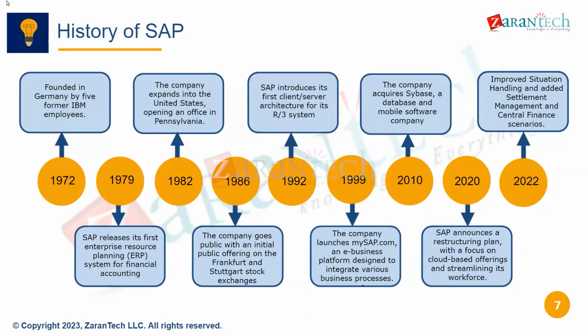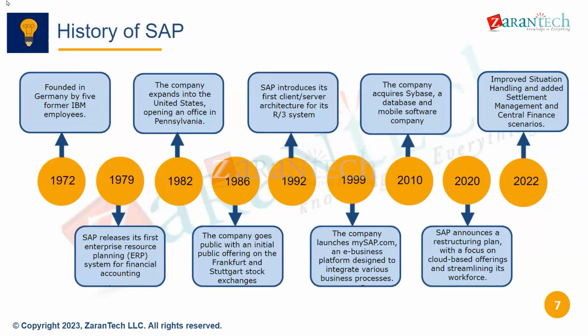Earlier they were only talking about systems which focus on departmental processes. When I say departmental processes, they had a module called the PP module, the production planning module, which focused on activities related to supply chain, the production planner or the supply planner.